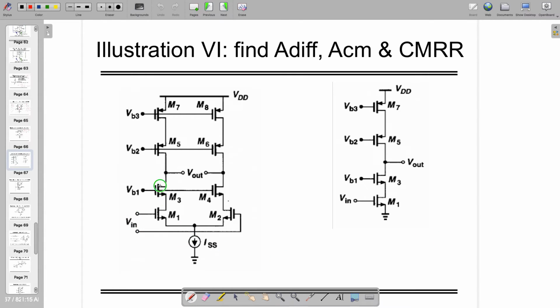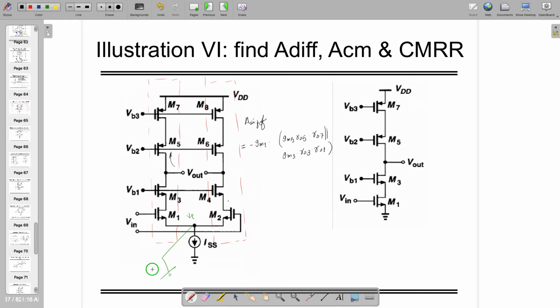So if this is differential gain, we know that this side is identical to the other side and I'm applying 180-degree phase shifted input, then this becomes virtual ground, and I can write down the differential gain equal to nothing but minus gm1 times, so this is the output side, I'm going to see gm5 ro5 times ro7 in shunt with gm3 ro3 times ro1, right?